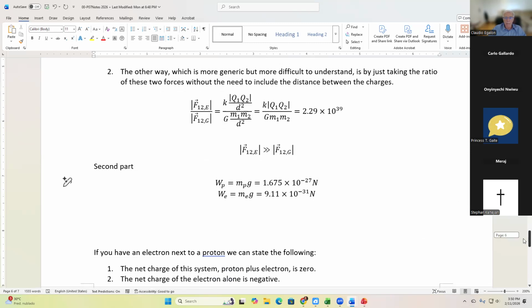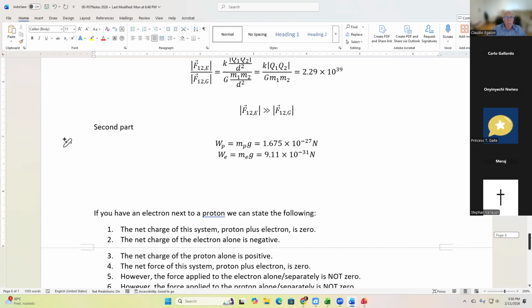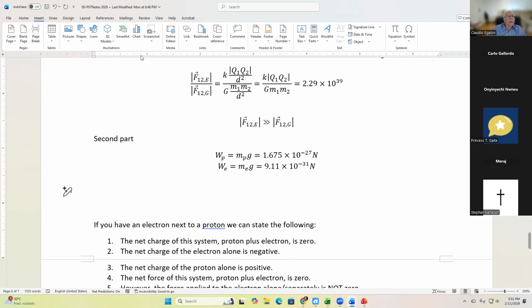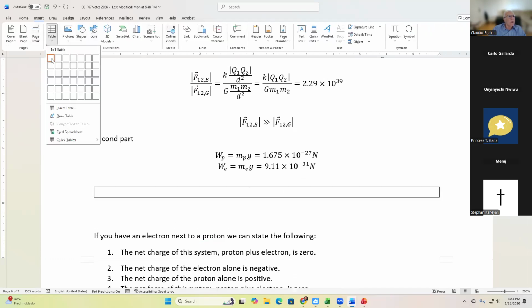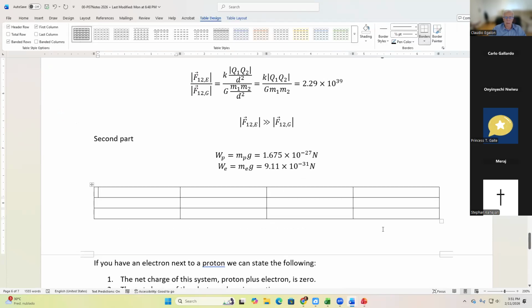And now we're going to do our table. Let's see how it's going to be our table here. Electric force, gravitational force, weight. Yeah, that's how we're going to do it. Okay, let's see. Table, let's see if I can get it right. Okay, electrical force, gravitational force, and weight. Okay. Electron, proton. Yeah, here you go. Maybe you can do that.